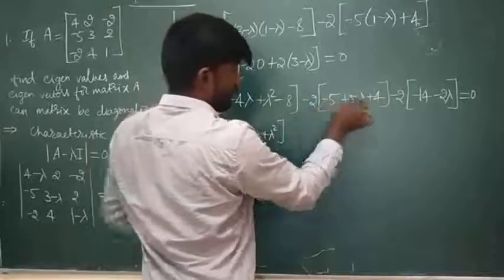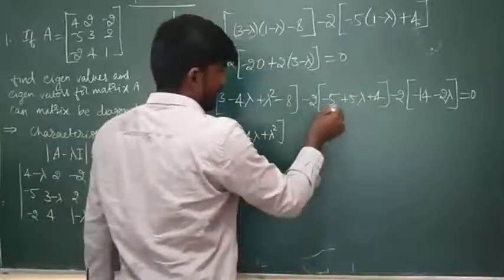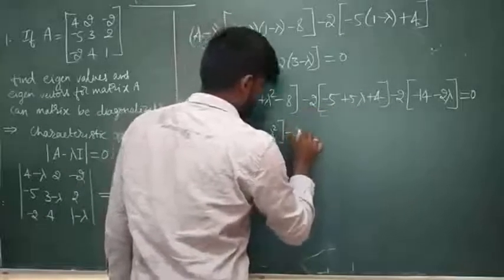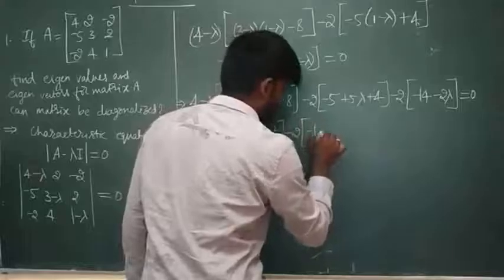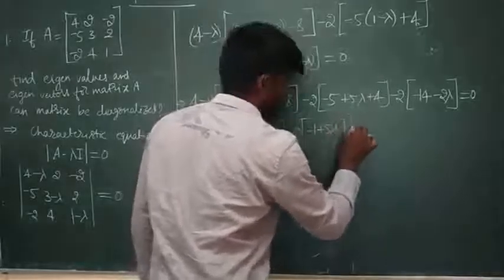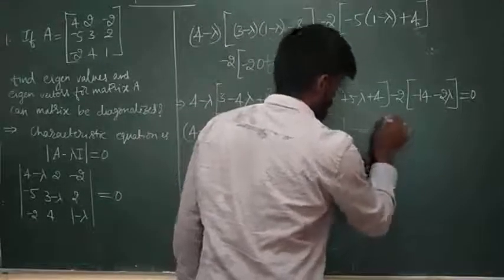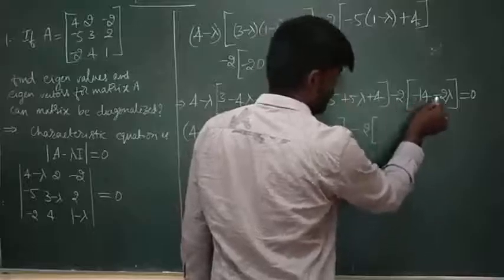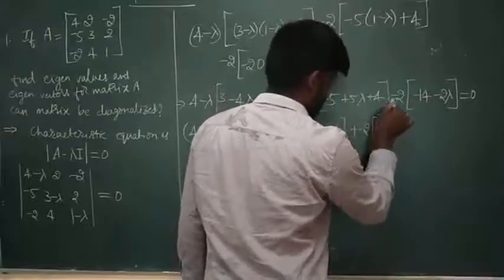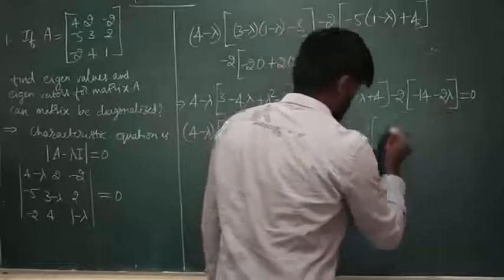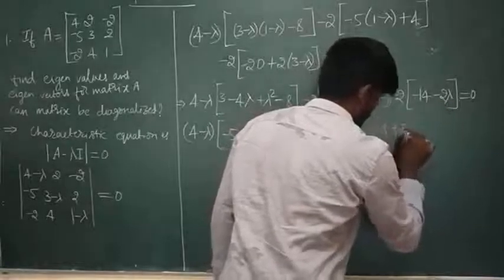Then minus 2 into (minus 5 plus 5 lambda plus 4), that is minus 1 plus 5 lambda. Then minus 2 into (minus 20 plus 6), we get minus 14, plus 2 into minus lambda, that is minus 2 lambda.